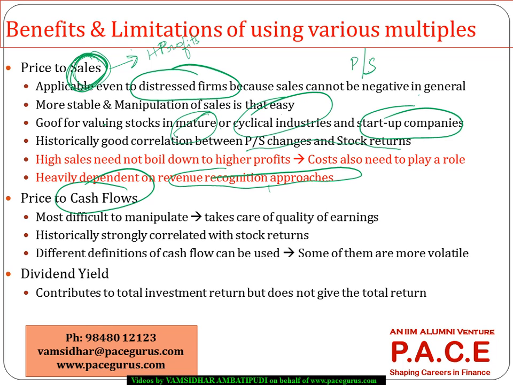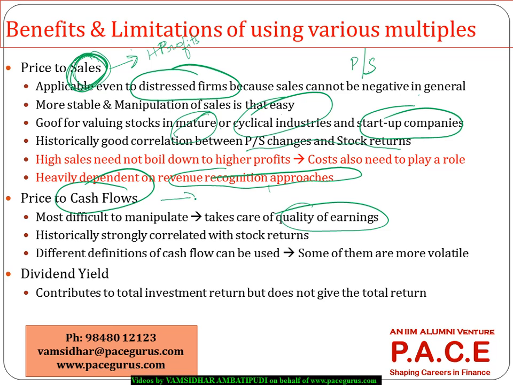So the manipulation part is slightly more difficult with respect to the price to cash flow ratio, and it even takes care of the quality of earnings, which is, whatever manipulations are happening, it takes into consideration the quality of the earnings. And even historically, there is a strong relationship seen with respect to the stock returns. But the biggest problem is what should be used as a cash flow.